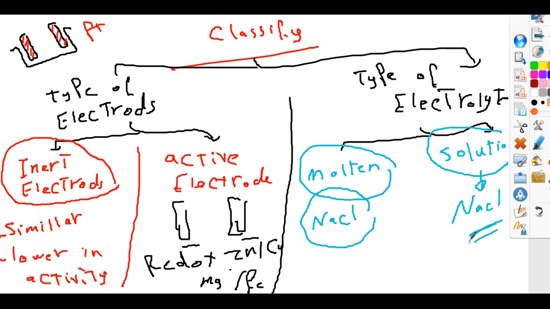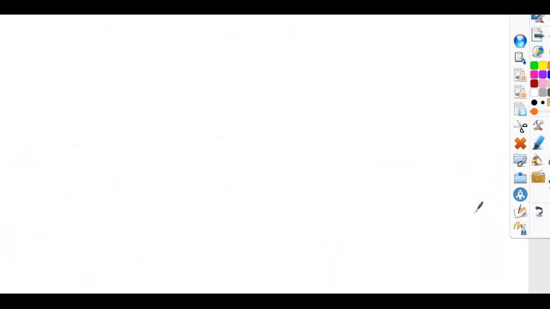So we can classify the electrolytic cells into four main categories: those with inert electrodes or active electrodes, and those with a molten electrolyte or an aqueous solution. Both of those cases give free ions, but not the same result in electrolysis.